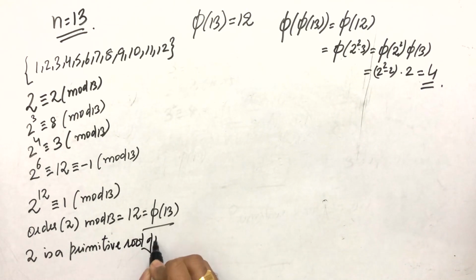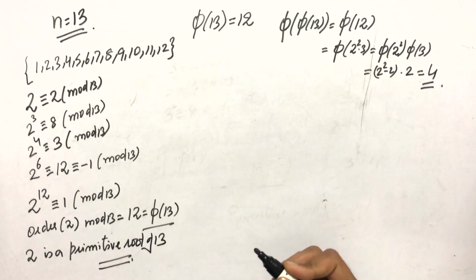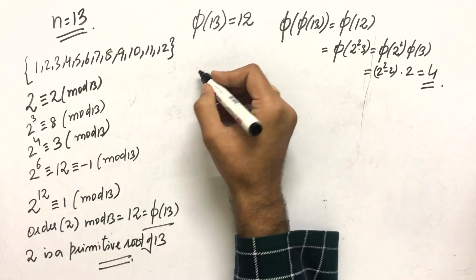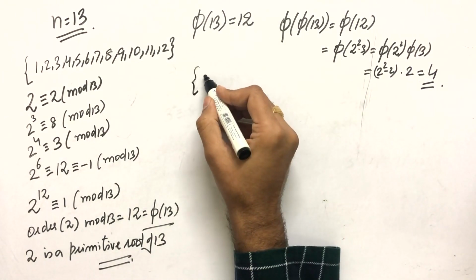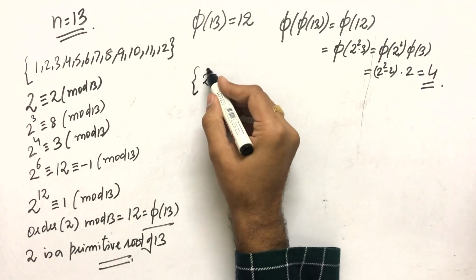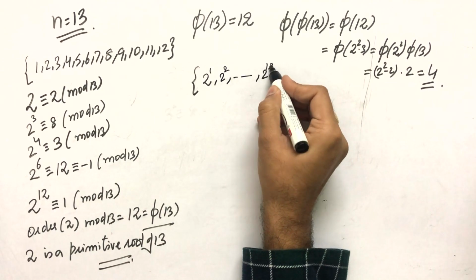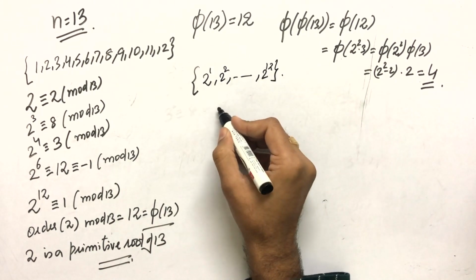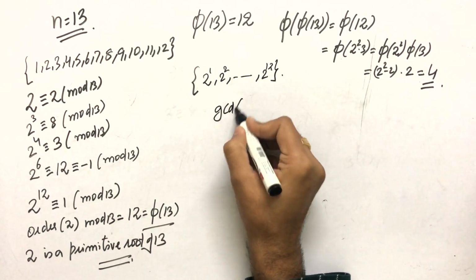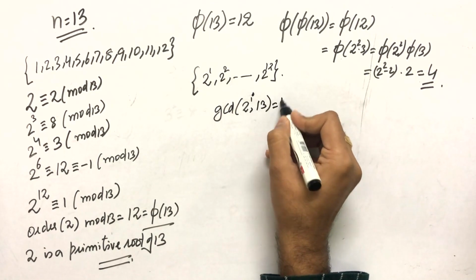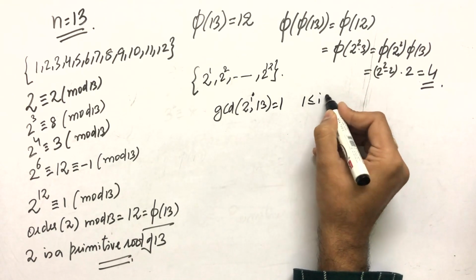Means 2 is a primitive root of 13. Now let us find the other primitive roots. For that, first of all, we write all the powers i from 1 to 12: 2 power 1, 2 power 2, up to 2 power 12. Here, as we know, GCD of 2 power i with 13 is 1 for i from 1 to 12.